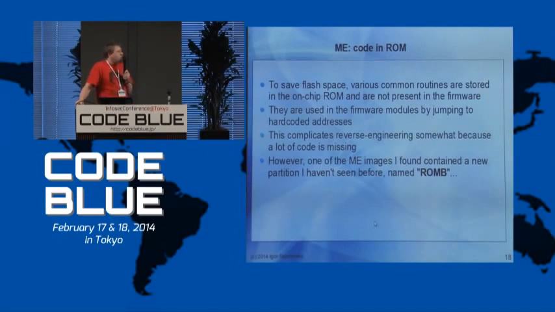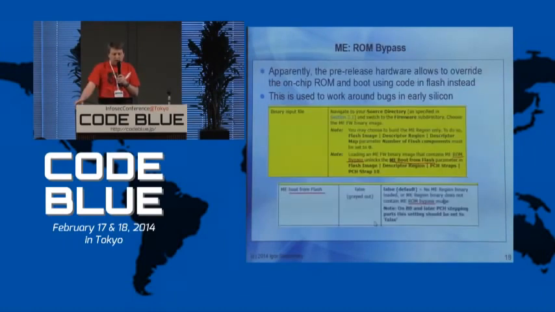However, I found one ME image which has a partition that I haven't seen before. It was called ROM-B. So what is this partition? Apparently ROM-B stands for ROM bypass. And this ROM bypass allows Intel to release software upgrades, so to speak, for the early silicon, the early hardware that they distribute to the OEMs.